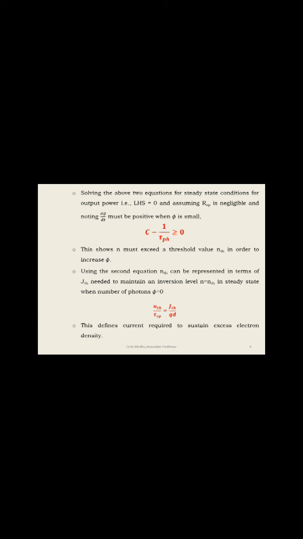Using the second equation, the threshold value N_th can be represented in terms of J_th. So N_th by tau_sp is equal to J_th divided by qd. So N_th corresponds to a threshold value with respect to the current density J_th.